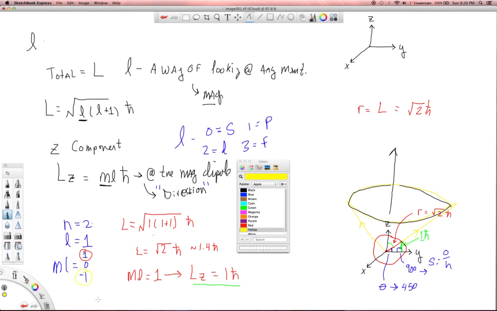Well, that's just going to be minus this, so it's going to be 45 degrees shooting out in this direction, and it'll be kind of the same situation, if you can imagine a cone. And then m sub l equals 0. Well, that's just going to be kind of like that in a certain sense, right there in the xy plane, right along the plane of the xy axes.